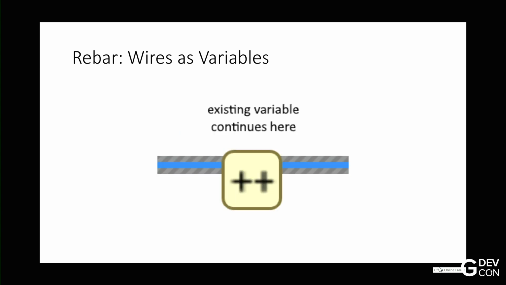Or otherwise, a variable can be continued at an output terminal, which means there was a variable before this node, and it went into the node, did something with it, and now there's another wire coming out of the node representing the self-same variable. And this is accomplished with what are called pass-through terminals, which are pairs of an input and an output, where they're defined to say the two wires connected to these terminals are the same thing.